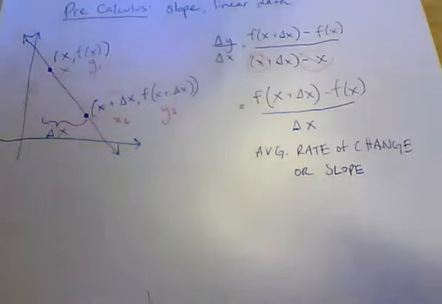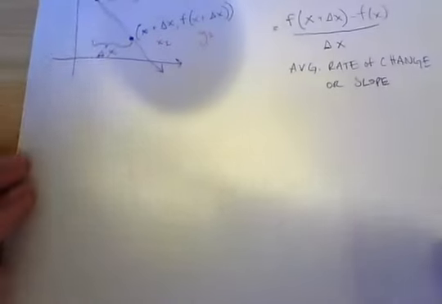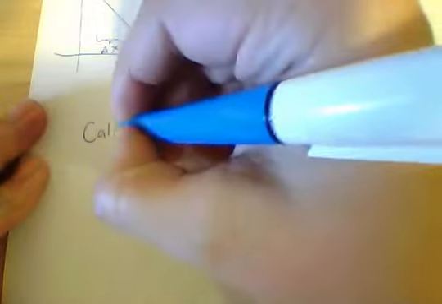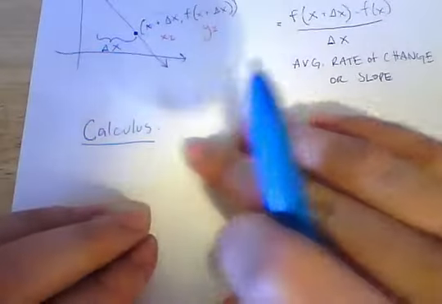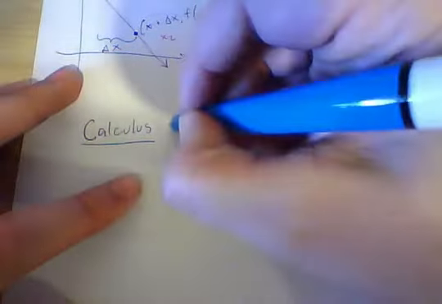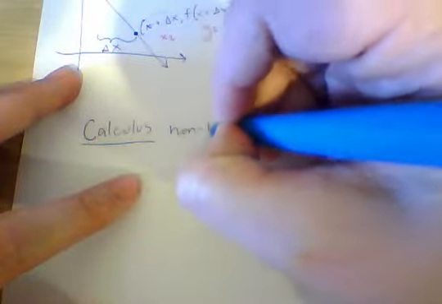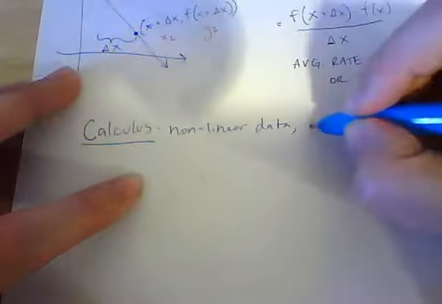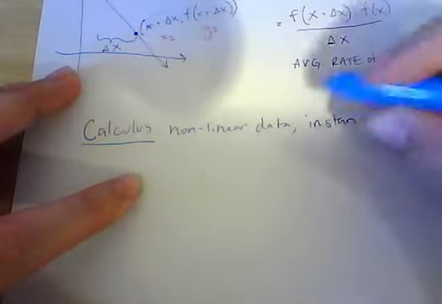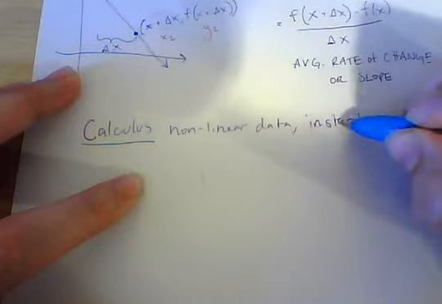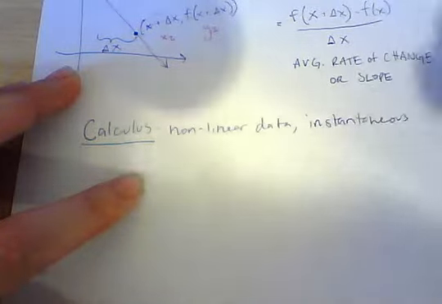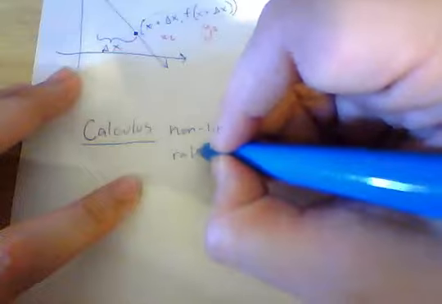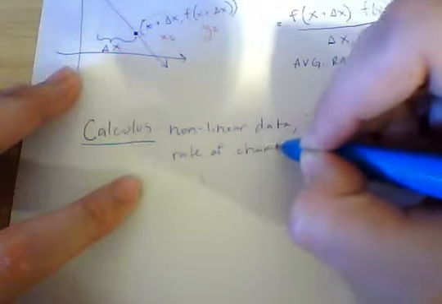Now, that's how we approached it in pre-calculus. In calculus, we have a different approach. In calculus, what we need to know is with non-linear data, we're interested in the instantaneous rate of change.